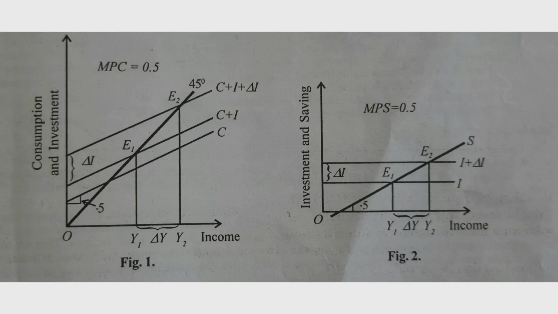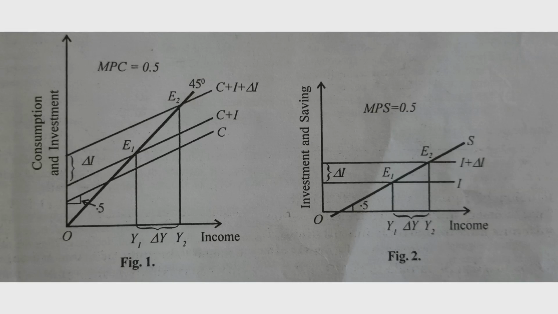Now there is an increase in investment, change in I, as shown by the distance between the C plus I and C plus I plus change in I curves. This curve intersects the 45-degree line at E2 to give OY2 as the new income.